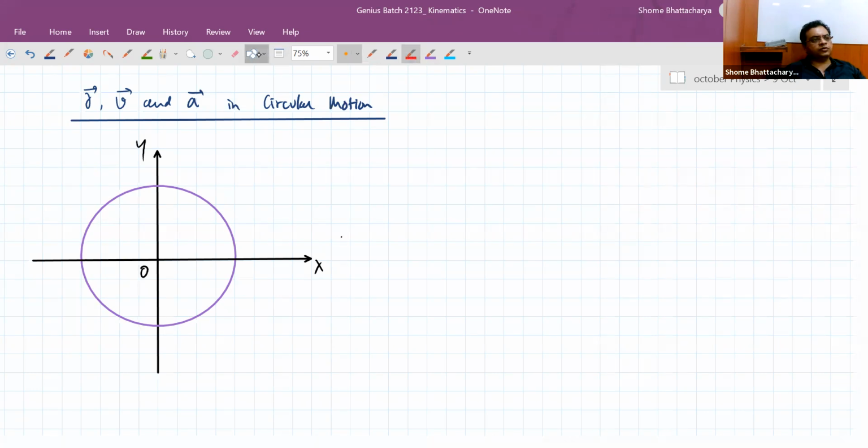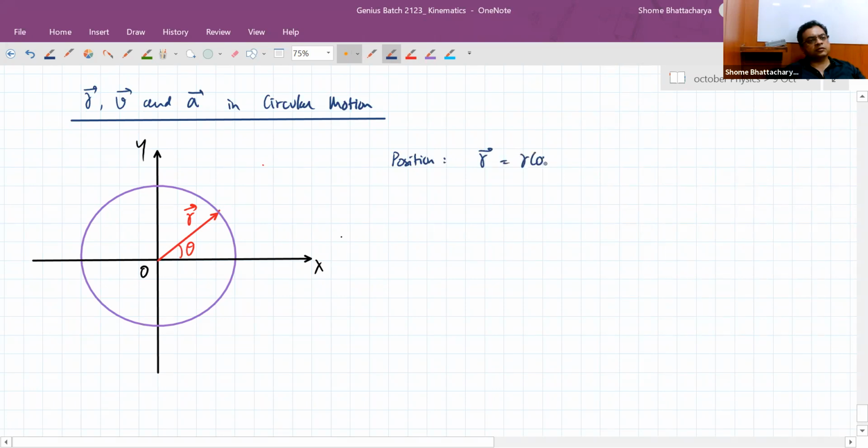So given that we always take the angular position with respect to our reference axis as the x-axis, if we write the position vector in component form, we will see that the position is r cos theta i cap plus r sin theta j cap, where the magnitude of the radius is constant.